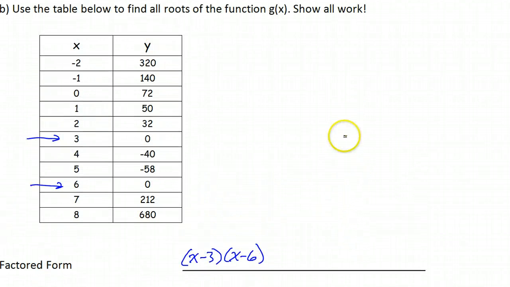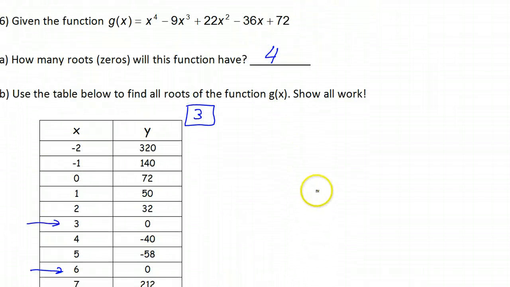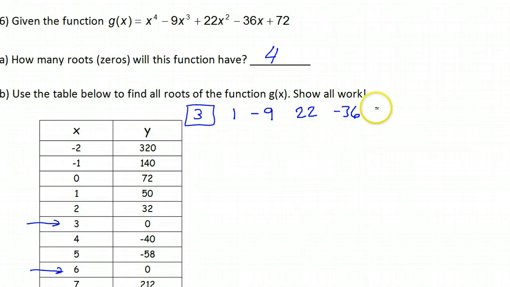So I'm going to use my synthetic division. So here I go. Starting with the 3, and now I will need my coefficients. So I've got 1, negative 9, 22, negative 36, and 72.